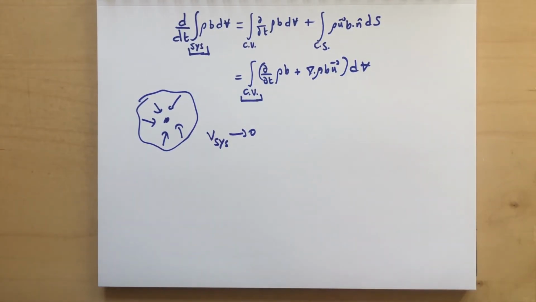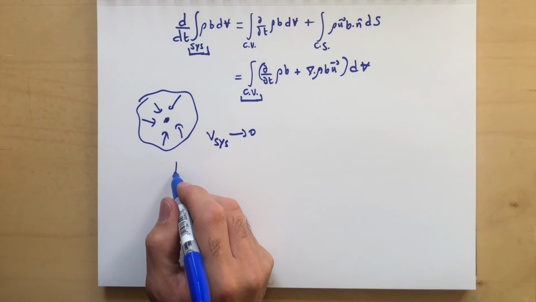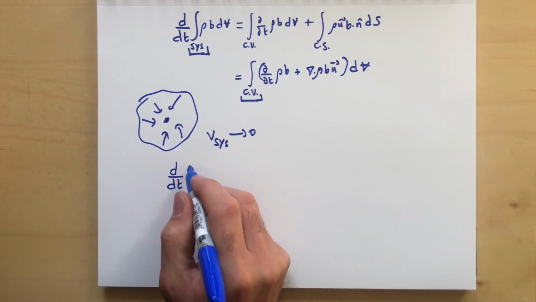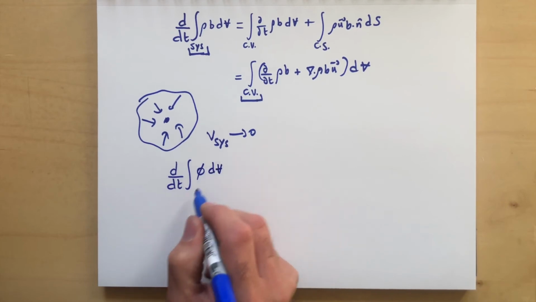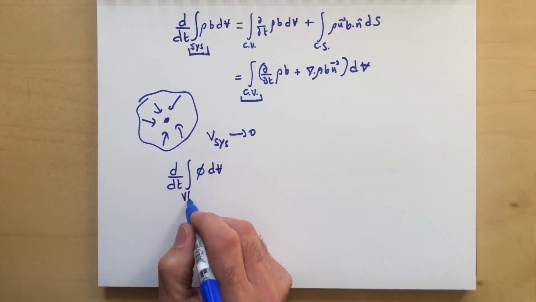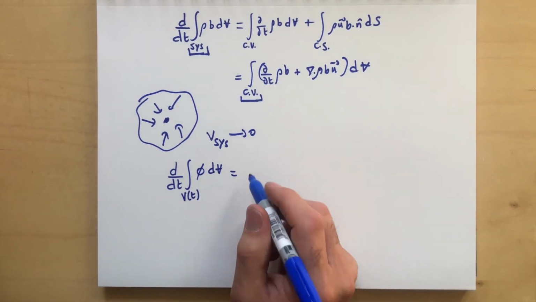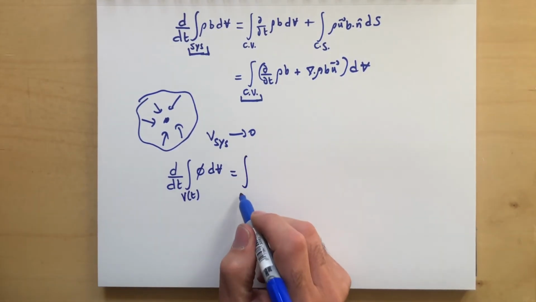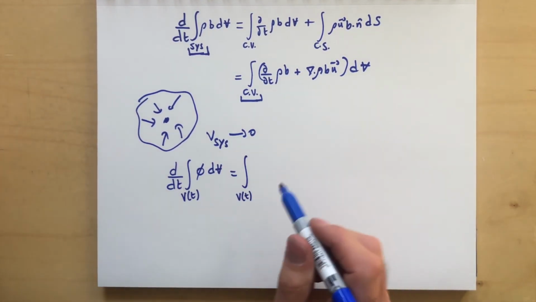Luckily, there is another version of the Reynolds Transport Theorem, or more specifically, something called the Leibniz differentiation under the integral formula, that says that d by dt of the integral of some quantity phi over a volume V(t) that changes through time is equal, interestingly, to the same form of the Reynolds Transport Theorem.